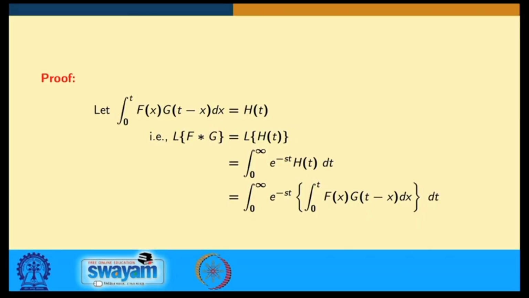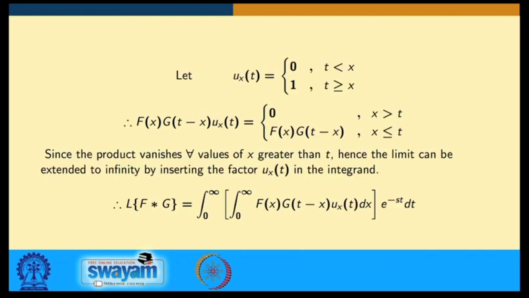So, just quickly, whatever I explained: the function is given, I am writing it like this, then I am introducing a new function u(x,t), which is 0 for t less than x and 1 for t greater than x. Then I get this function which I have written already. Now the product vanishes for all values of x.